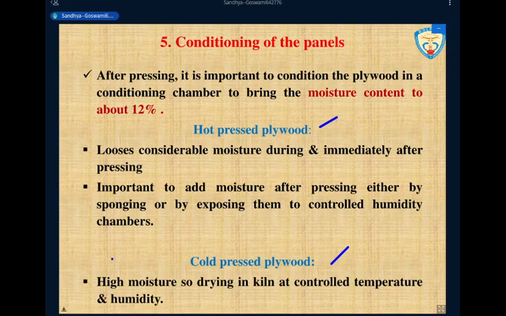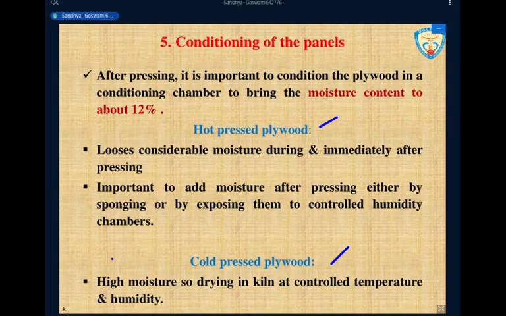Then for cold pressed plywood, it is not that big a problem, because normally in cold pressed plywood the moisture content is comparatively high, right? Compared to hot pressed plywood, you will find more moisture content in cold press. So if it is not 12%, then you can put it inside the kiln so that it can get dried.